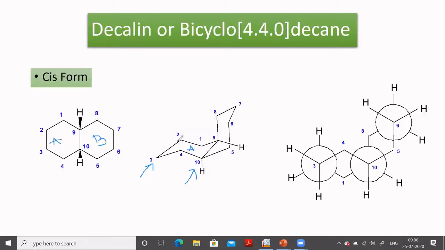Okay. So now if I'm looking at the Newman projection for this bond, that is your second and third bond, what will happen when I draw the Newman projection? The third carbon is in front of me and the second carbon will be on the back side. Okay. Now look at the arrangement, everyone here. If you look at this arrangement, this is CH2.